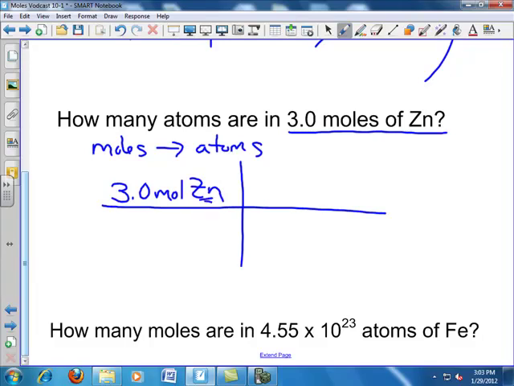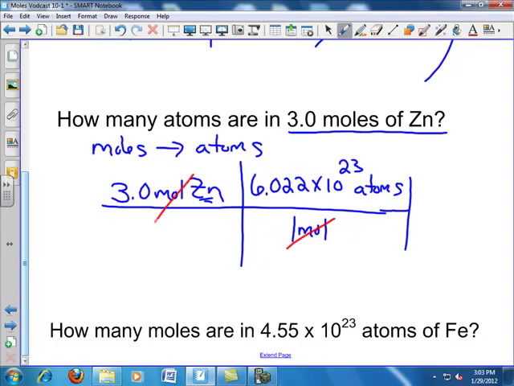It doesn't have to be just zinc. I just put zinc. And I'm going to multiply this by Avogadro's number, 6.022 times 10 to the 23rd. And because I'm talking about atoms, I'm going to put atoms there all over 1 mole. Moles would cancel, and now I would just do the math.